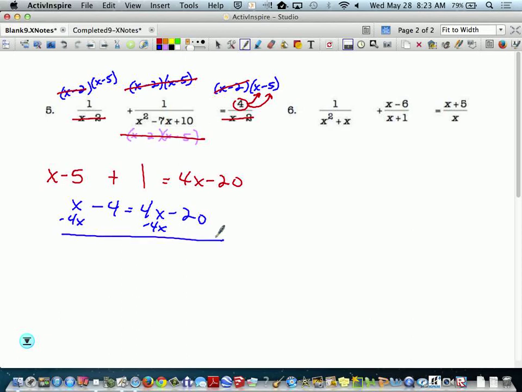You can move it the other way if you want to keep it positive. I'm going to add 4 at the same time. So what I end up with is negative 3x. That's gone. That's gone. And negative 20 plus 4 is negative 16. Divide by negative 3. X is 16 thirds.